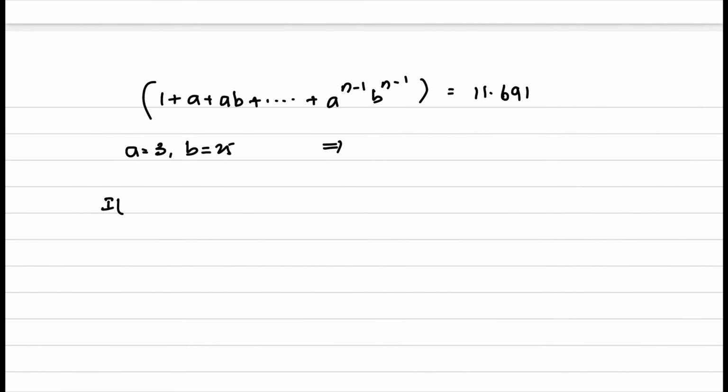If n is equal to 1, 1 plus a is 3 plus a into b is 3 into 25. N is equal to 1 means a to the power of 0, b to the power of 0, 1. We need not do this.